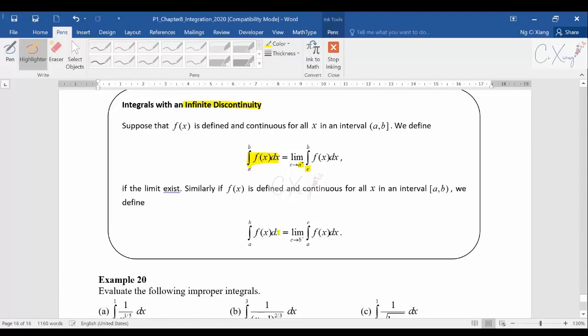Then for the next one, again, the integration looks very similar. It's a very common example that we did before. But when you put the b into the function, you'll get 1 over 0 also. To write it out in the proper way, you replace the b by using a letter c, and then for the c, they write it as b power negative.